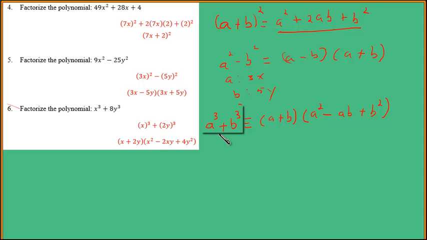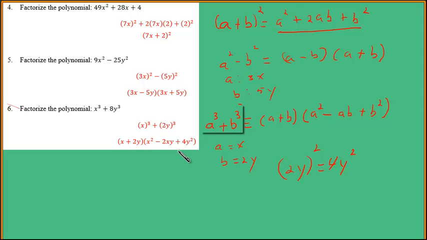Remember, 2y squared is 2 squared times y squared, 4y squared, and that's why we have this here.